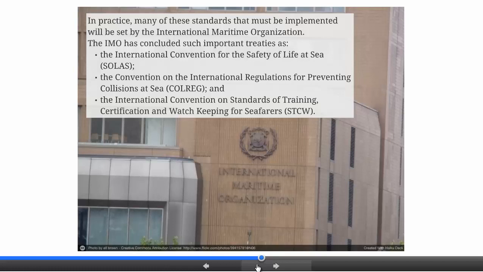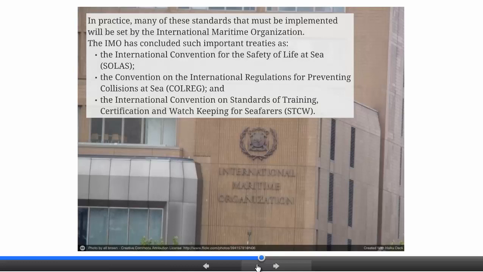So it's concluded treaties such as the International Convention for the Safety of Life at Sea, dealing with matters of safety on vessels, the Convention on the International Regulations for Prevention of Collision at Sea, sometimes known as the Collision Regulations or COLREG, and the International Convention on Standards of Training, Certification and Watchkeeping for Seafarers. So that includes standards dealing with such matters as adequate levels of crewing to ensure safety. So having enough crew to keep a proper watch for hazards.